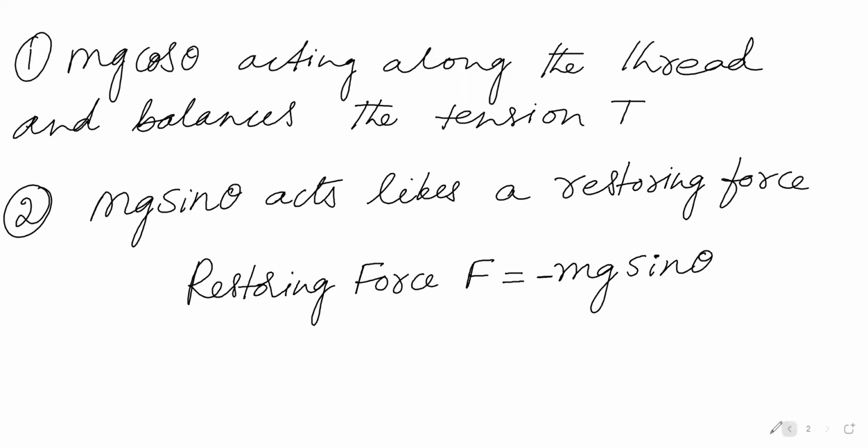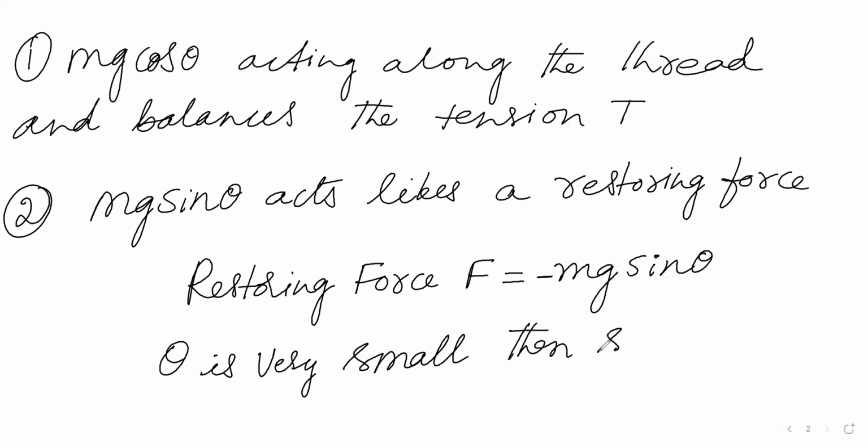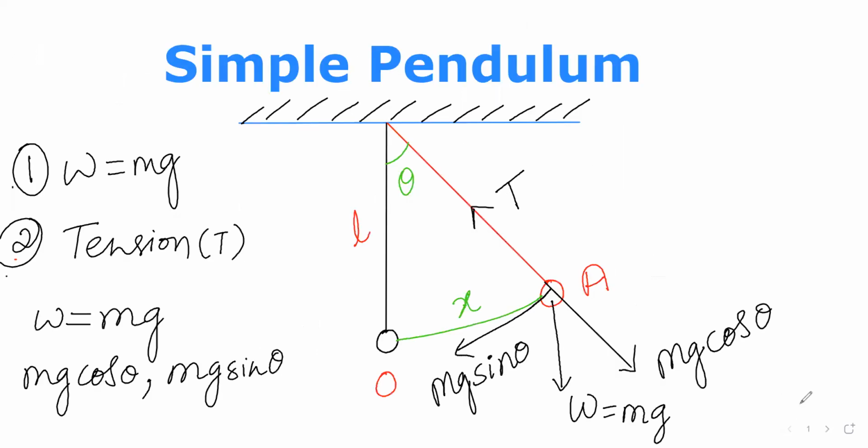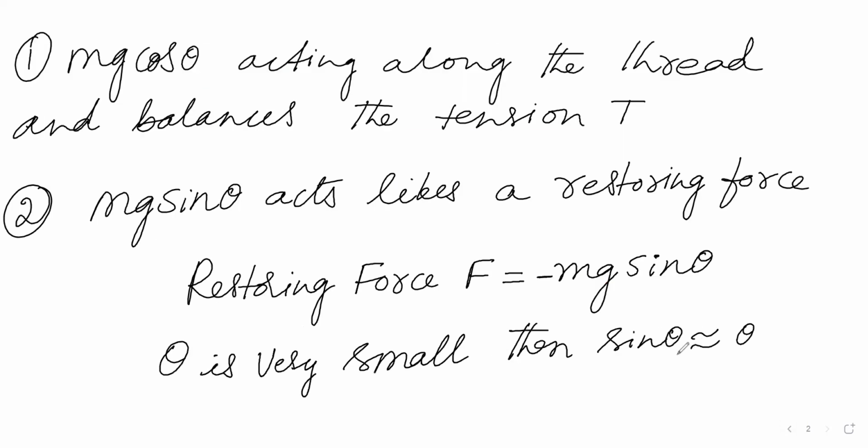Now, theta is very small. Then sin theta is taken as theta only. Since it is a very small angle, we can directly take sin theta as theta here.